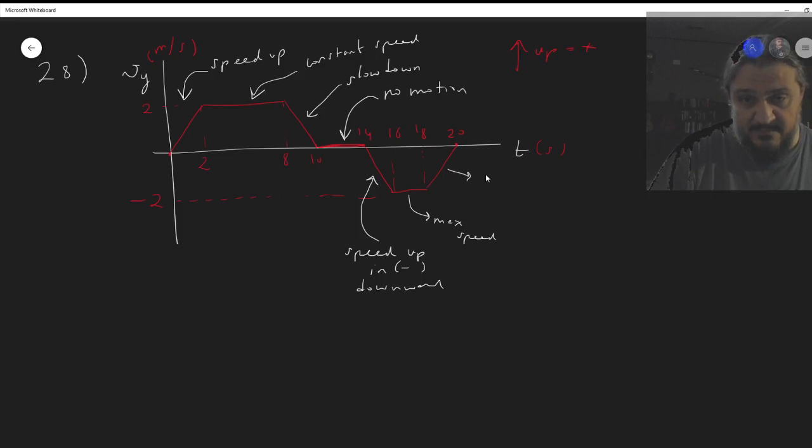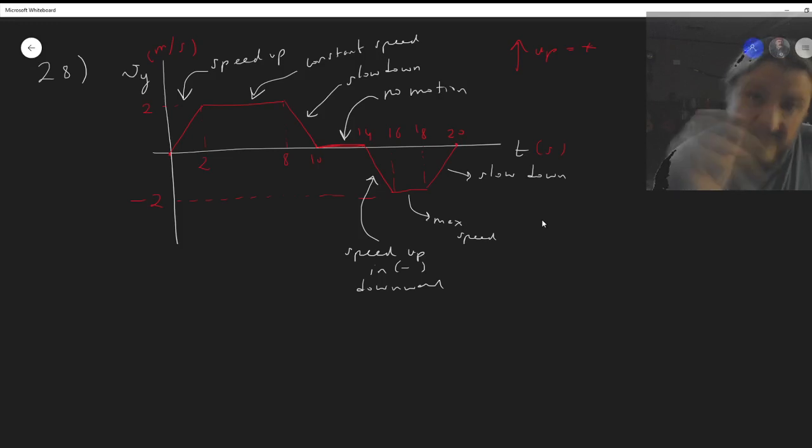Slow down. Okay? But remember, it's slowing down but still moving in the negative y direction. And then stops at 20 seconds. Alright? That's how you interpret these segments in a velocity time graph.